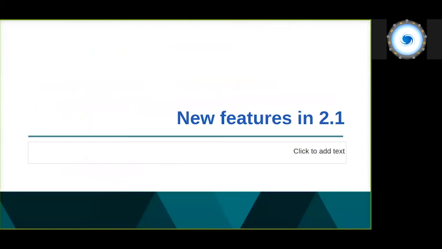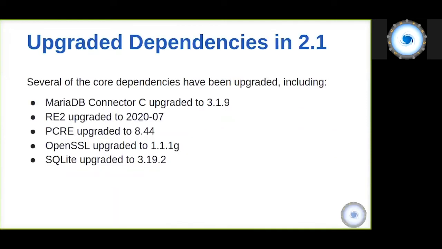Now, new features in ProxySQL 2.1. That's the most interesting on the list. So we upgraded a lot of core dependencies. ProxySQL relies on third-party libraries, and we upgraded most of them. Specifically, the MySQL Connector/C has been upgraded to 3.1.9.